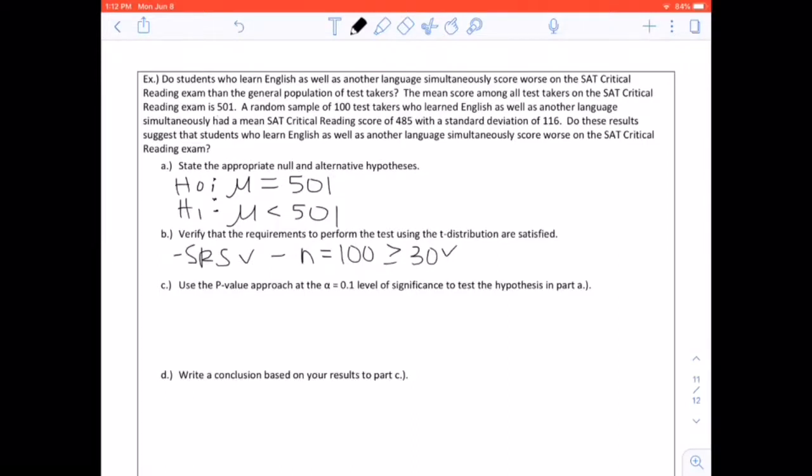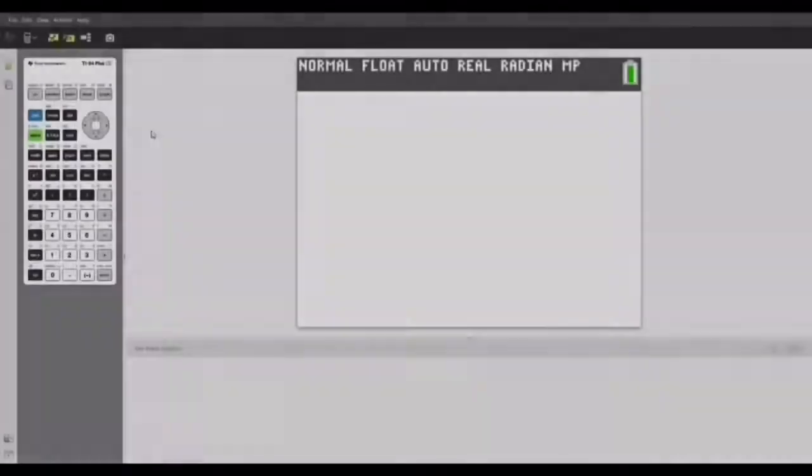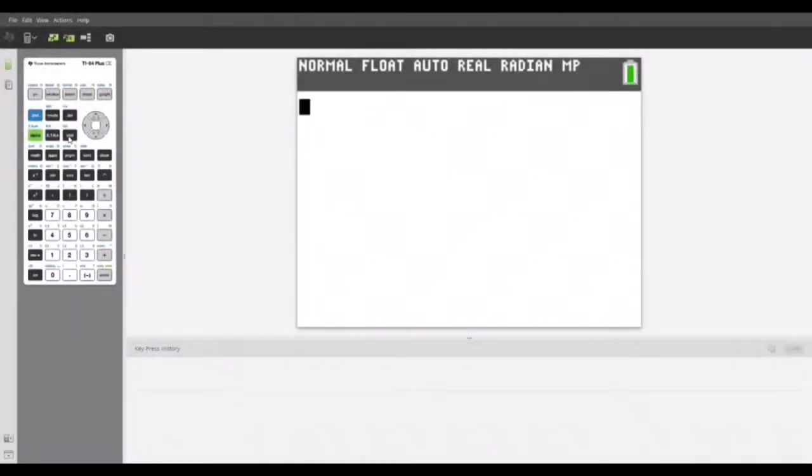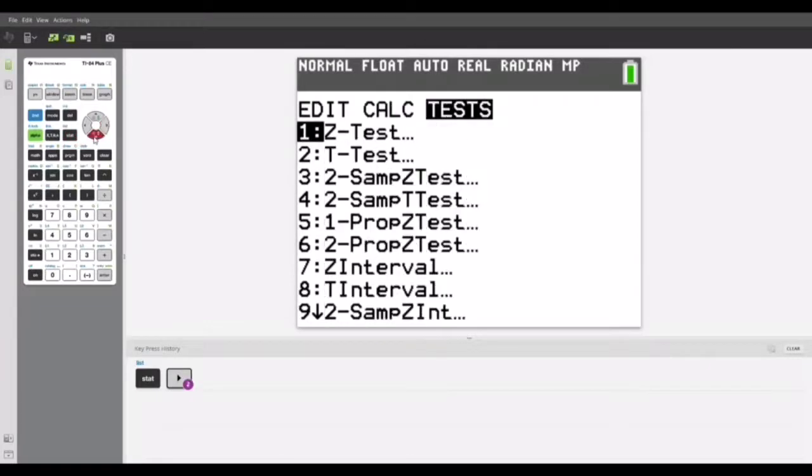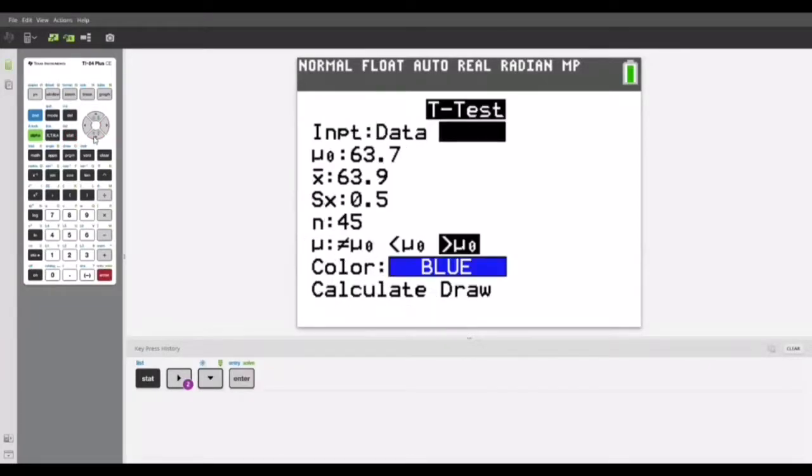Part C says use the p-value approach at the alpha equals 0.1 level of significance to test the hypothesis in part A. On your calculator, you're going to go Stat to Test, down to T-Test, select Enter. For this problem, we have stats. Mu naught is going to be equal to 501.